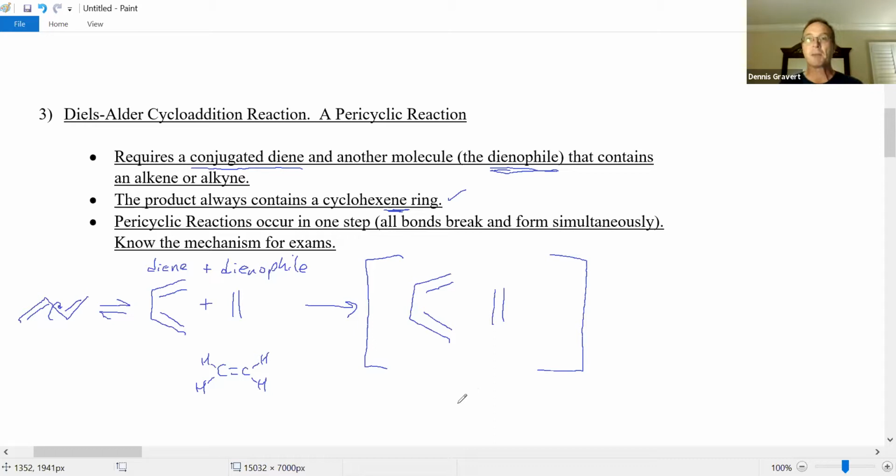And the way I remember the mechanism is I remember nature's, what I think of as nature's favorite functional group, benzene. It's her favorite. She likes the conjugation, alternating double, single, double, ring of 6. She likes it. And so I'm thinking, hey, maybe she's trying to bring these 2 molecules together in an attempt to make benzene.